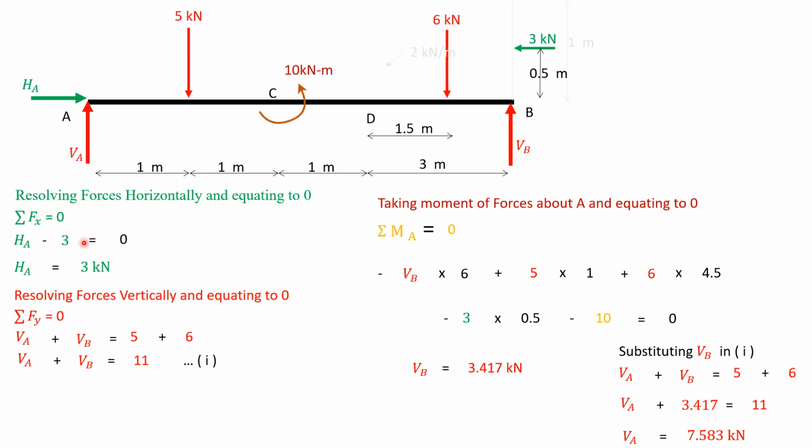Now we have calculated horizontal forces and vertical forces. We got an equation and named it 1, and we have taken moment of all forces about point A. So VB into 6, and 5 into 1, and 6 into 4.5, and 3 into 0.5, and minus 10.